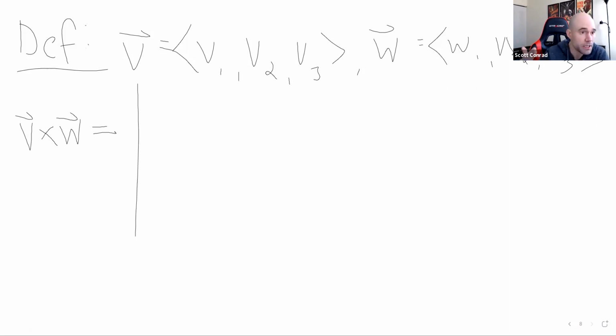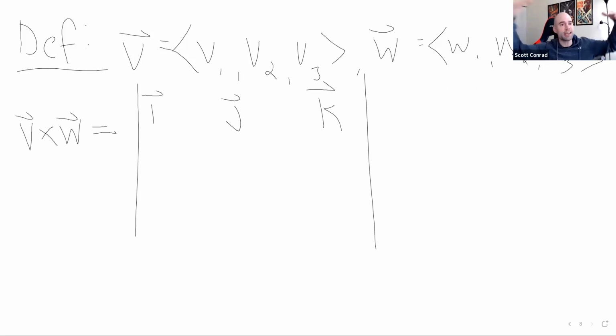So it's going to be the determinant of the following 3 by 3 matrix, where the top row is I, J, K, the vectors I, J, and K. This might look kind of weird because we're putting vectors as entries in our matrix instead of numbers, but don't think about it too hard. Just do the process and you'll get the right answer.